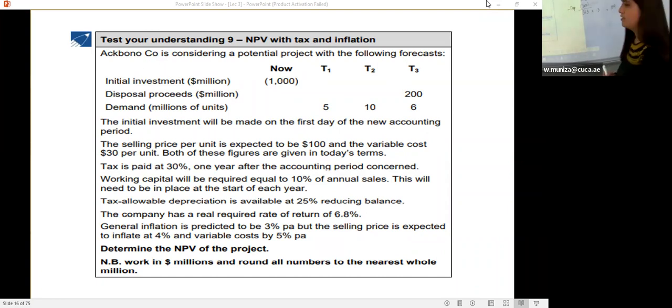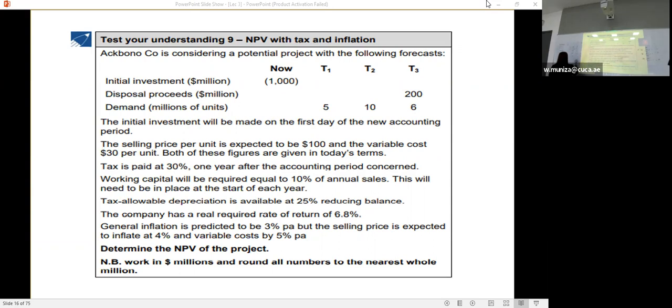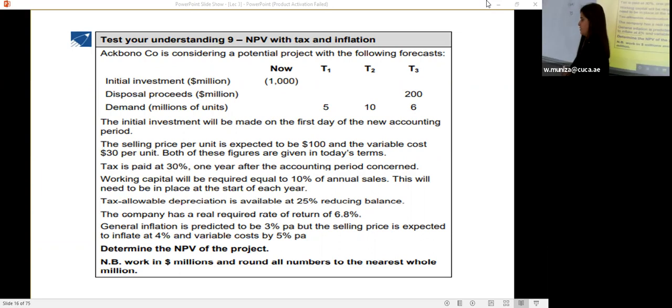Has anyone calculated tax allowable depreciation? The same? It should be in year one, the tax rebate. Yes, the year in which the tax is going to be calculated. In the same year, tax rebate.